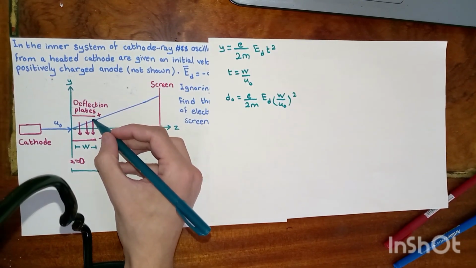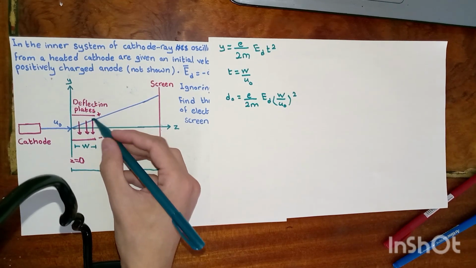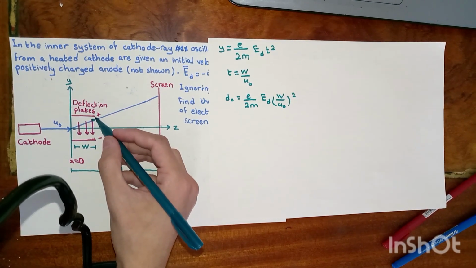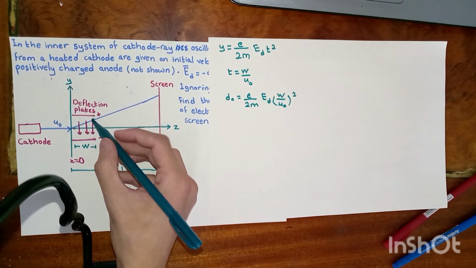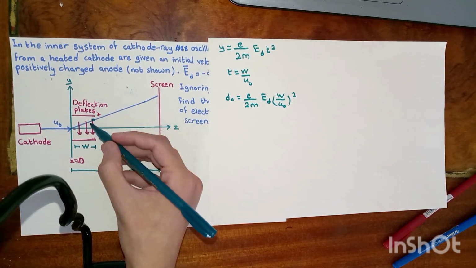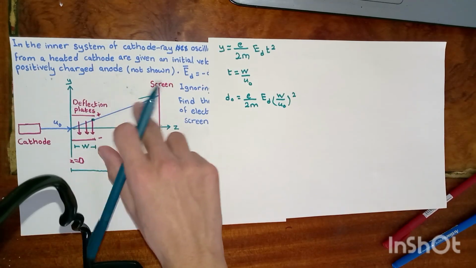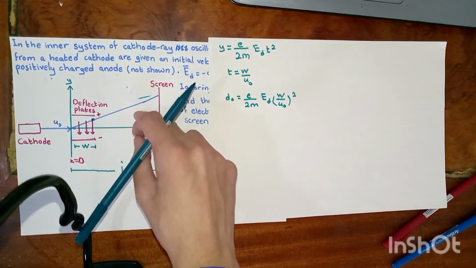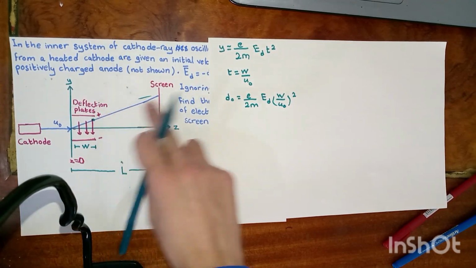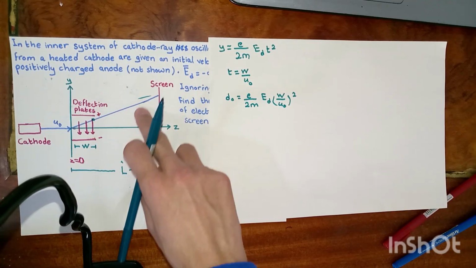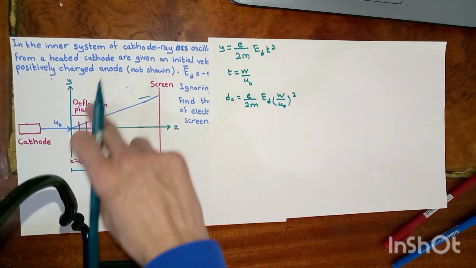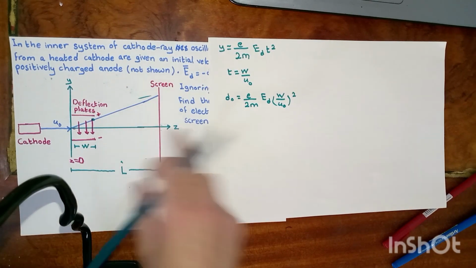Now when electrons reach this region, it's going to continue its path with constant velocity, because in this region the electron is not affected by any other source of force, so it's going to move with constant velocity with respect to z and with respect to y as well.